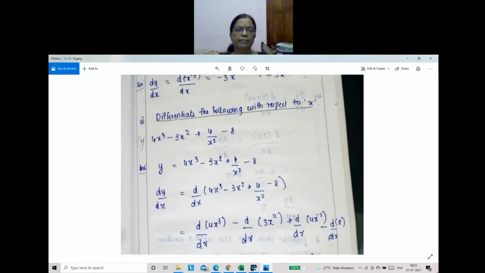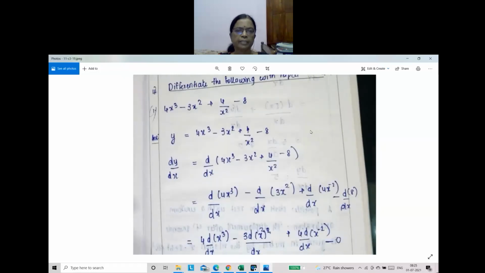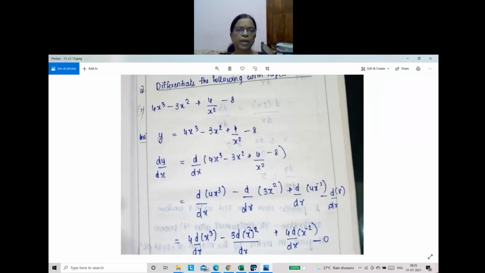Now, y is a function which varies with x. So y equal to 4x cube minus 3x square plus 4 by x square minus 8. We wrote that. Then we differentiate, which means d by dx with respect to x, d by dx of y, dy by dx.